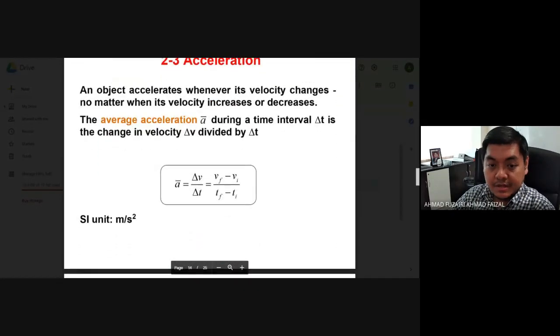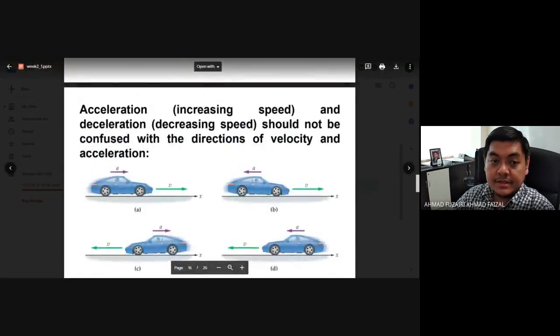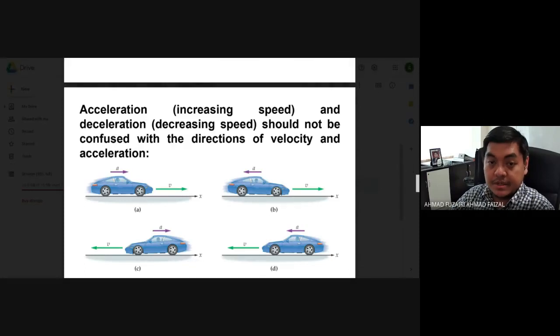And acceleration, what does it mean? It is the change in velocity, velocity final minus velocity initial, over the total time, which will give you meter per second squared. Acceleration is increasing speed and deceleration is decreasing speed, which should not be confused with the directions of velocity and acceleration.